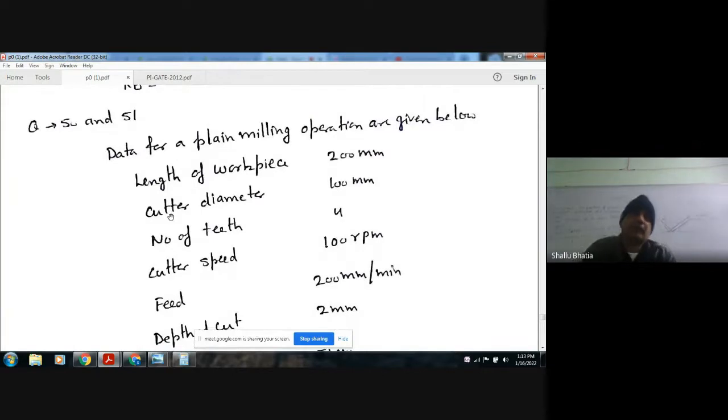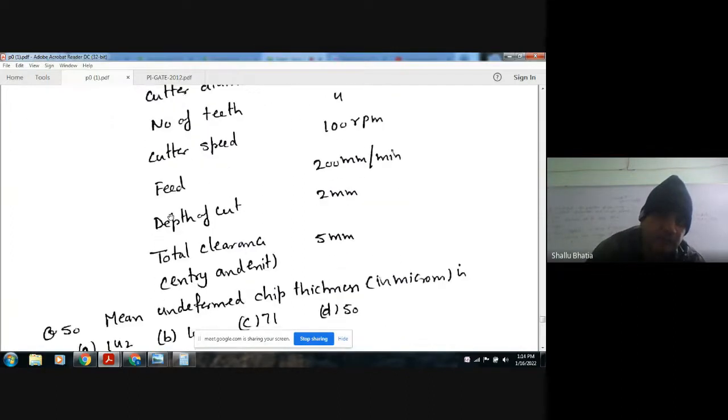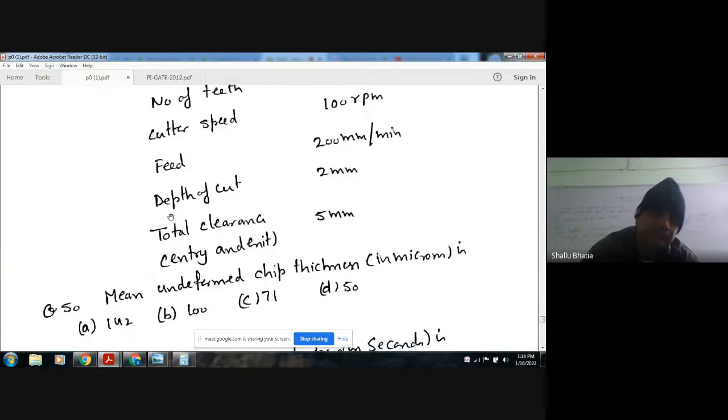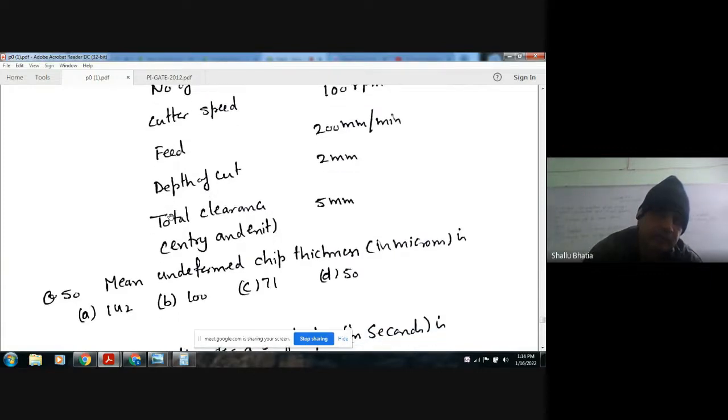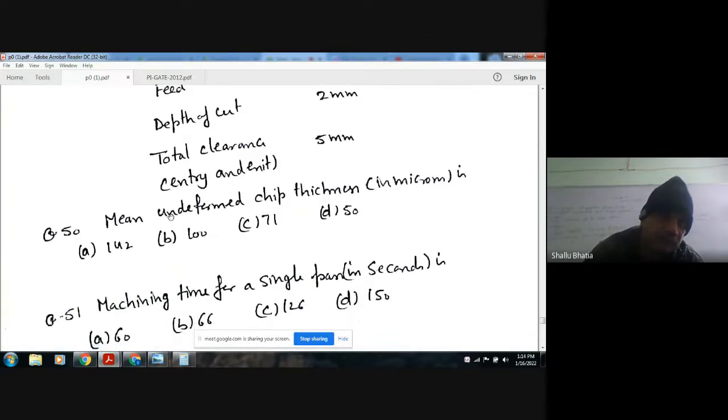data for a plain milling operation is given below. Length of workpiece 200 mm, cutter diameter 100 mm, number of teeth 4, cutter speed 100 rpm, feed 200 mm per minute, depth of cut 2 mm, total clearance 5 mm.